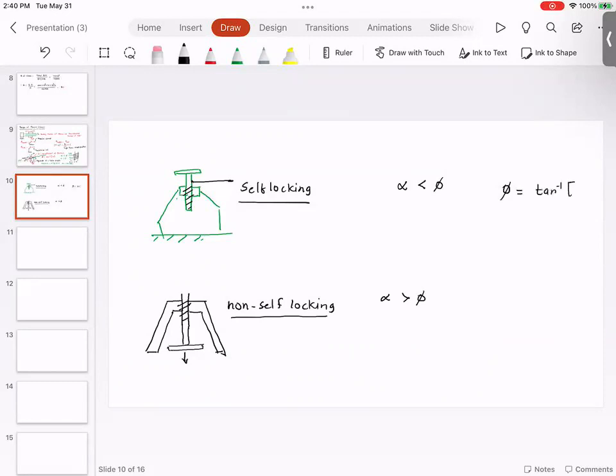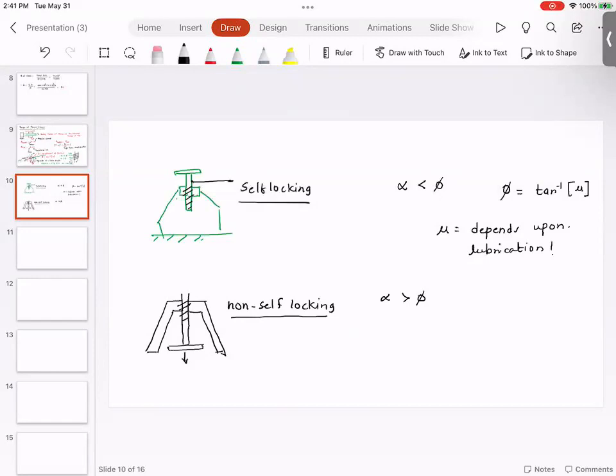So tan inverse of mu. And mu depends upon lubrication. So you want to be very, very careful if you have a self-locking screw.